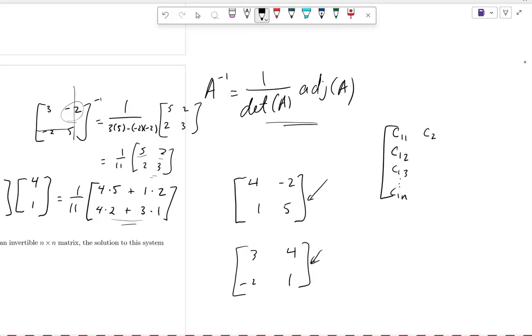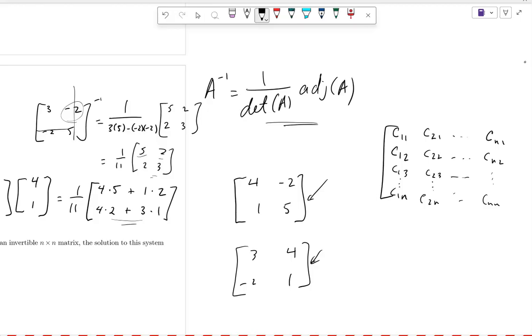And then this is C21, 22, 23, 2n, and you keep going, right? So this one would be Cn1, Cn2, Cnn, this way, right?